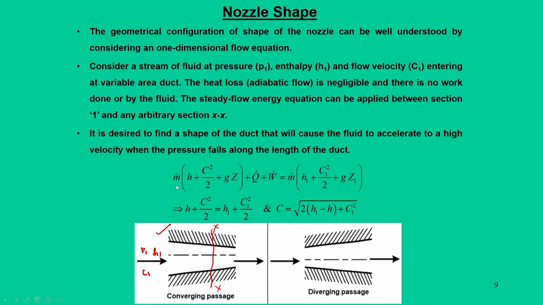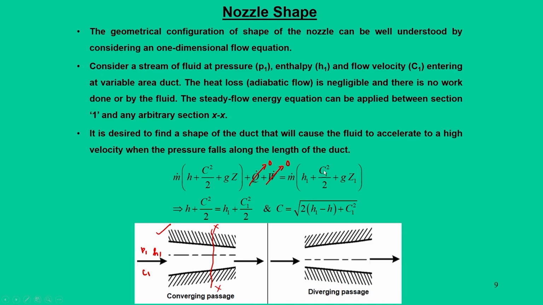So, for that reason we consider the steady flow energy equation, where the total energy at the inlet stage is m into h plus c square by 2 plus gz, that means enthalpy plus kinetic energy of the flowing fluid plus the elevations, then heat transfer and work transfer. For the time being, we are going to neglect the heat transfer and work transfer terms.